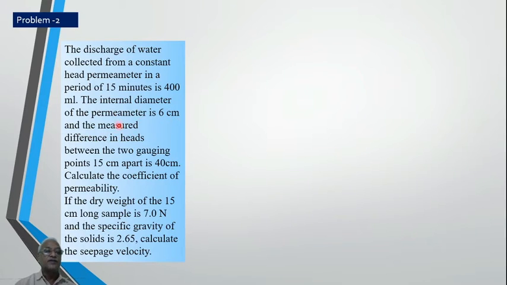The measured difference in heads between the two gauging points is 15 centimeter apart, and it is 40 centimeter. So here L is equal to 15 centimeter and then H equal to, the head lost is 40 centimeter. Calculate the coefficient of permeability K.